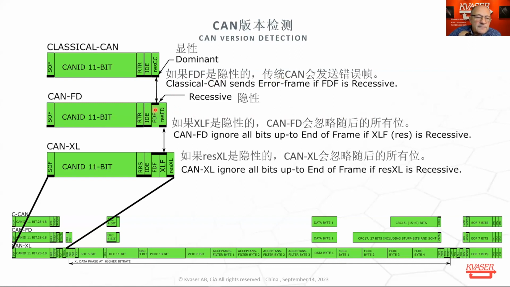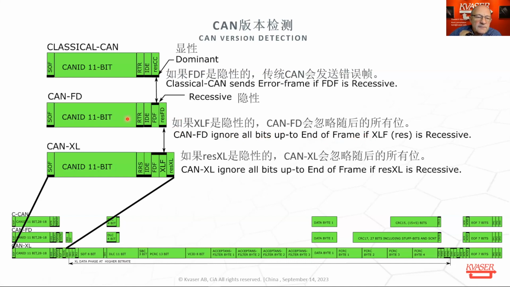When it comes to CAN-FD, they introduced the reserved FD bit after the FDF bit. When XL comes, this will become recessive. When CAN-FD detects a recessive bit, CAN-FD cannot understand CAN-XL either, but in CAN-FD there's a process you can enable which makes the CAN-FD controller ignore all bits up to the end of frame.